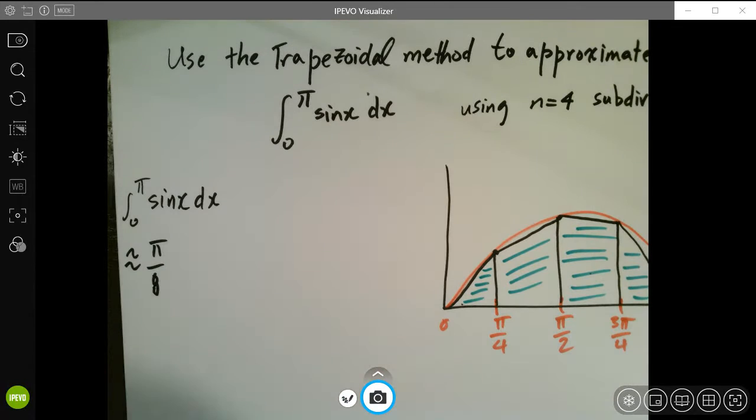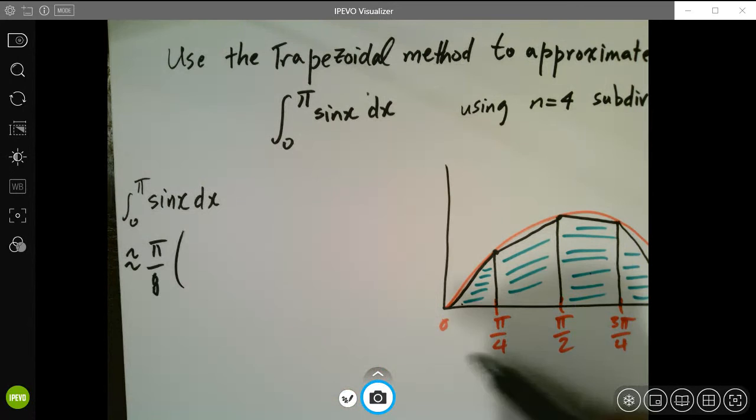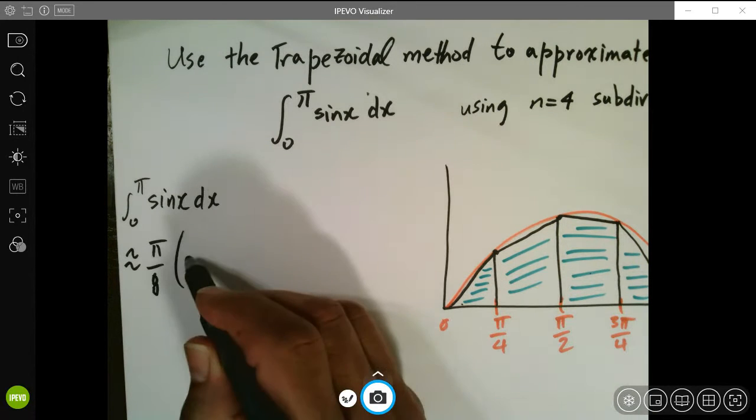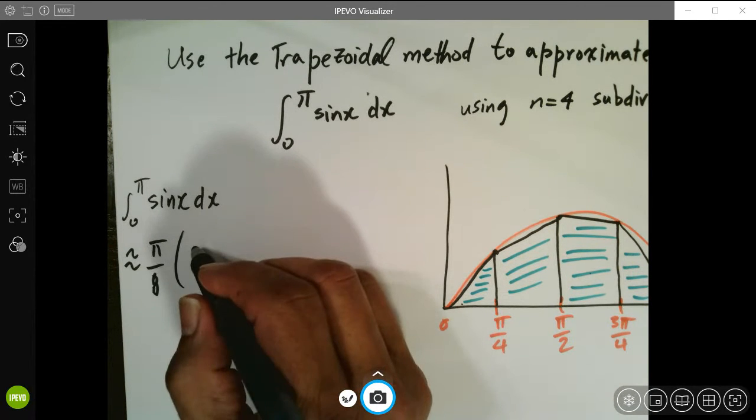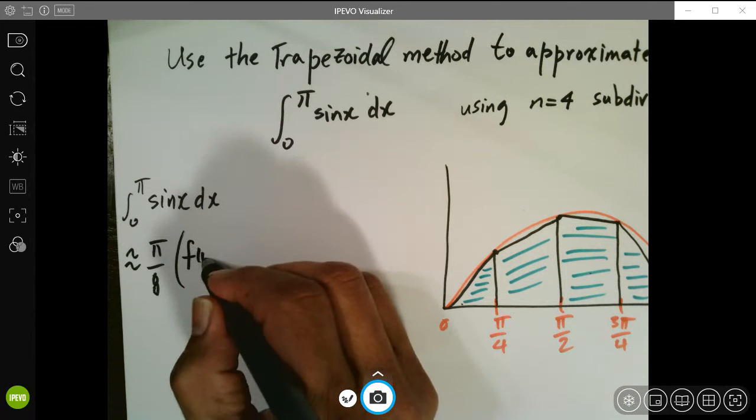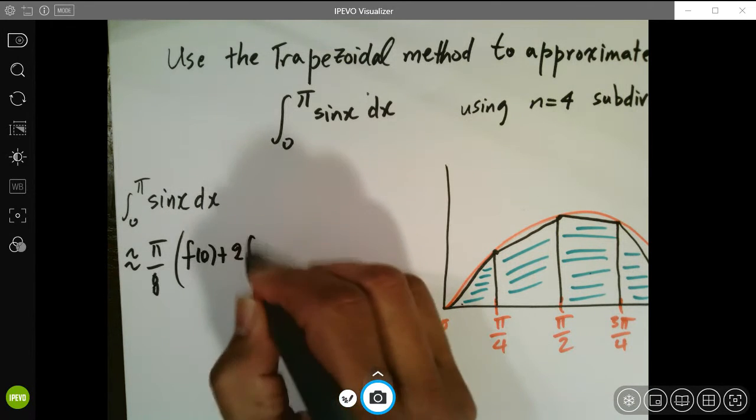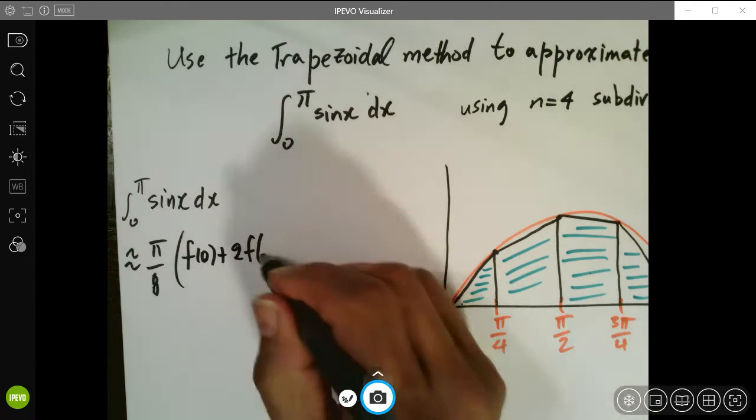Okay, so what do I have here? I have x0, sine of 0. What did we say? f of 0 plus 2f of x1.